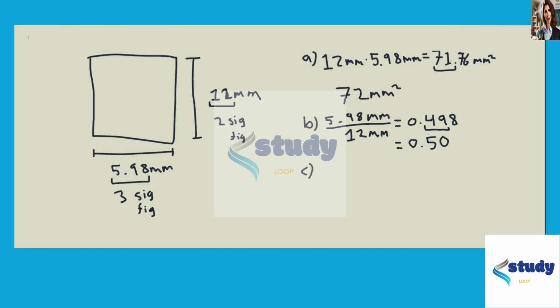Okay, and for part C, the perimeter of the rectangle. The way we solve this one is we add up the lengths and the widths. And since there are 2 of them on each side, it's 2 times 12 millimeters plus 2 times 5.98 millimeters.